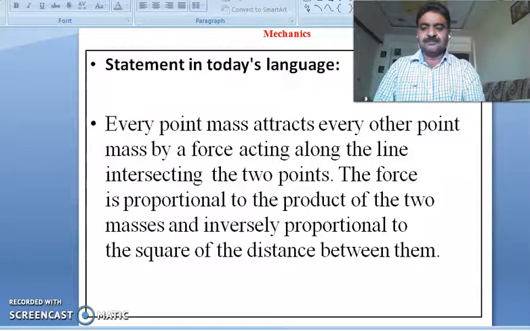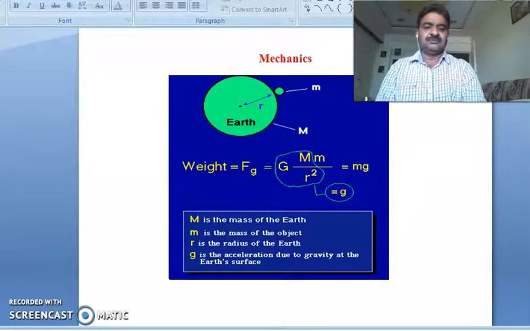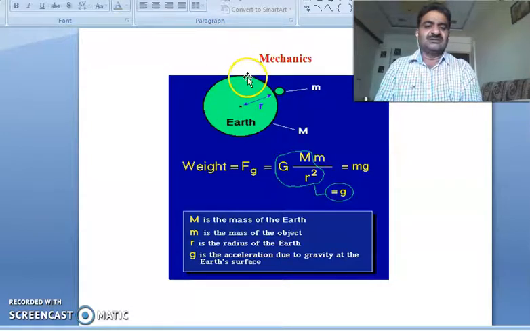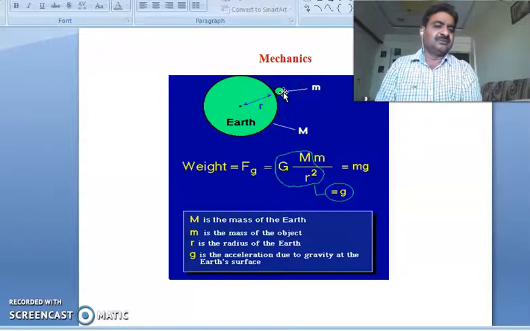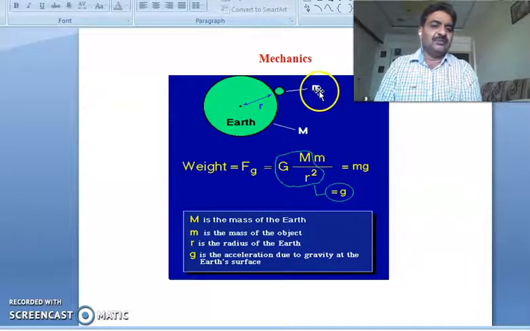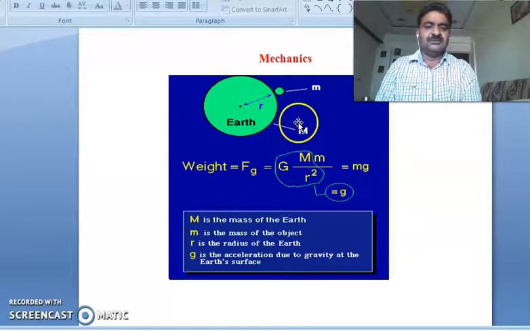You see here, this is the picture. This is the earth, shown by big size, and the small size is another object, whose mass is small m, and the mass of the earth is capital M, and R is the distance between the center of the earth and the body above the earth.